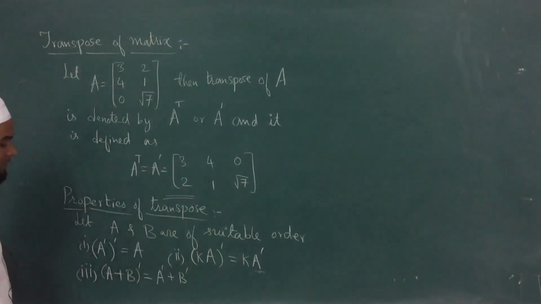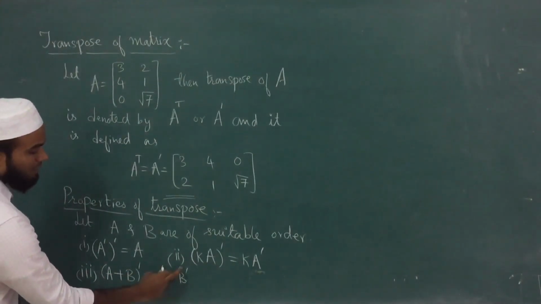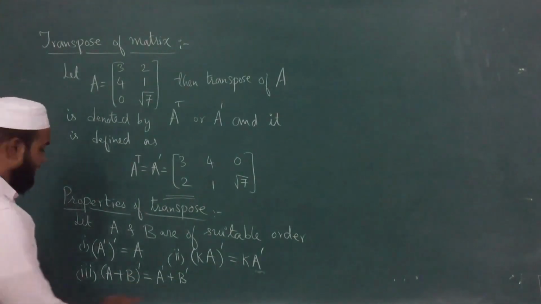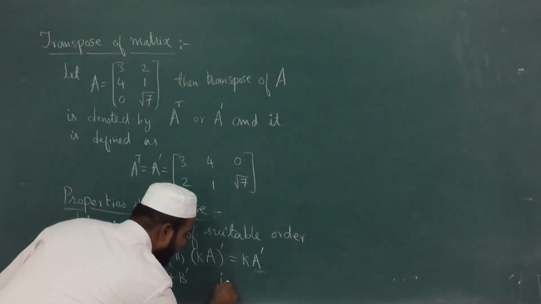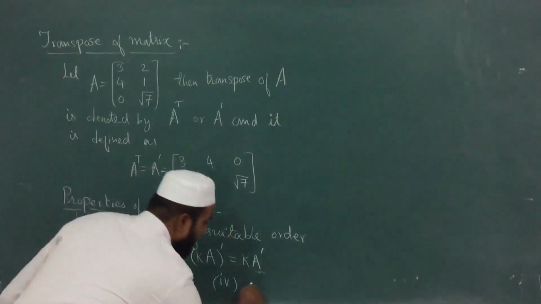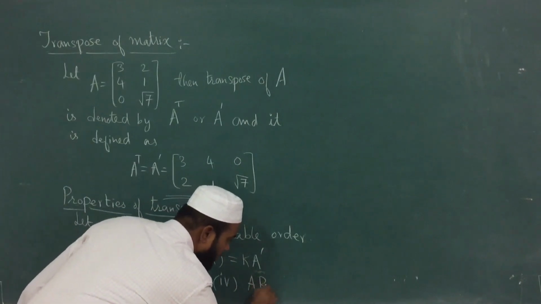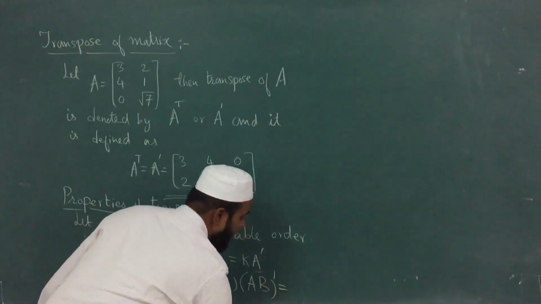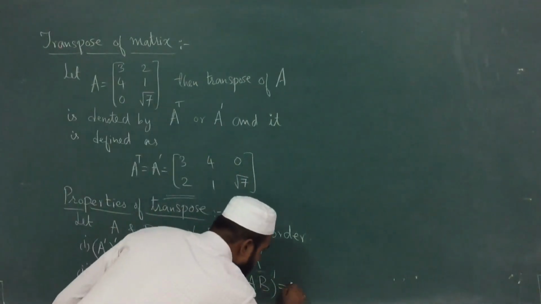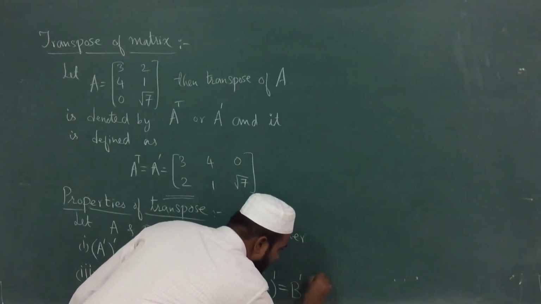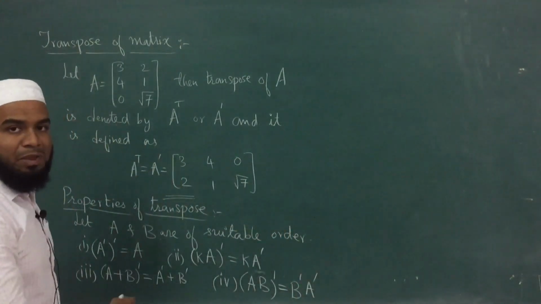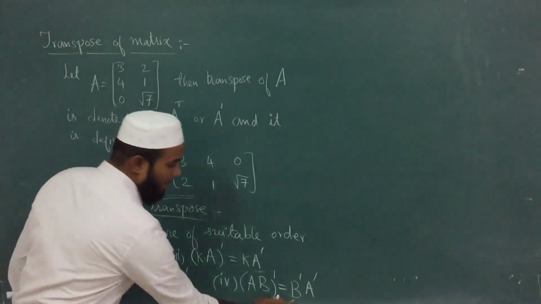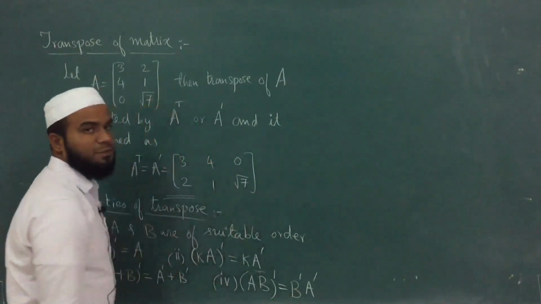A plus B whole transpose is nothing but A transpose plus B transpose. This is the third property. The fourth property is, if I find AB whole transpose, then it is nothing but B transpose multiplied with A transpose.